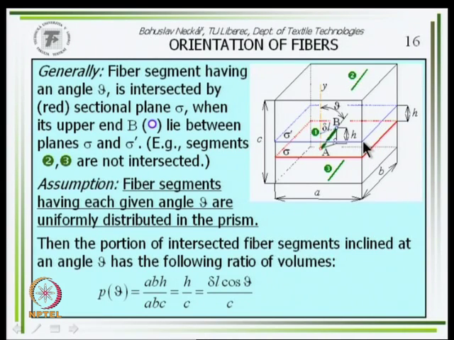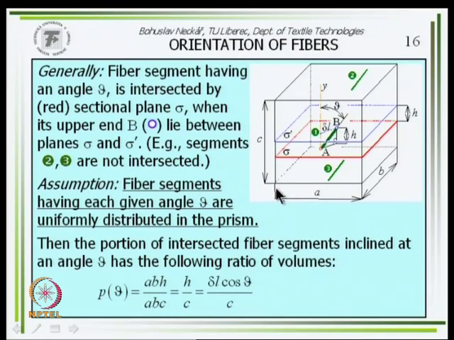So what is the probability of this situation? Using the so-called geometrical definition of probability, we can say the probability of such a section is given by a ratio of two volumes: the volume between our red and blue planes by the total volume of our box, of course if the fibers are homogeneously distributed in our box.